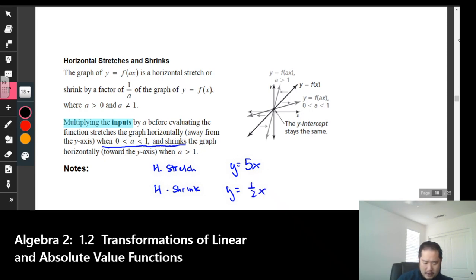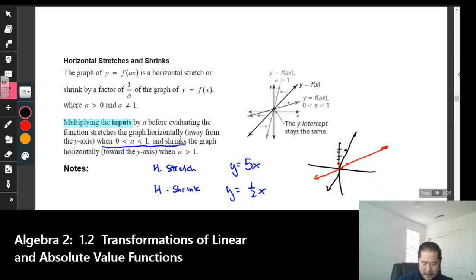If you think about our line right here, these are both linear equations. If it's 5x, we go up 5 to the right 1, and it's very steep, thinking of it as stretching out. For the horizontal shrink, it's going to be a lot flatter. We go up 1 to the right 2, and there's your horizontal shrink.